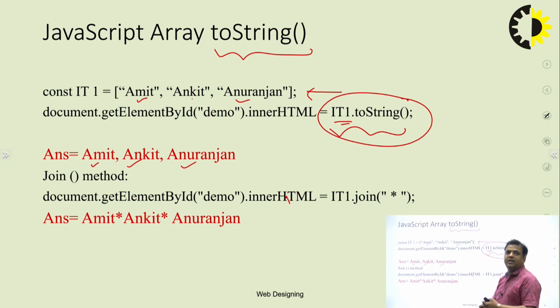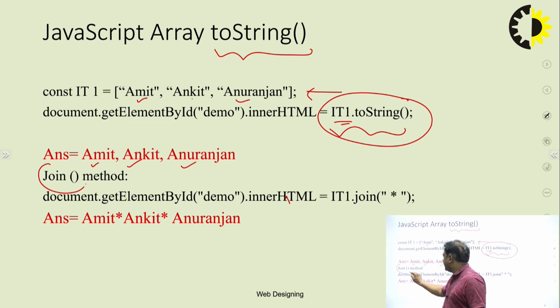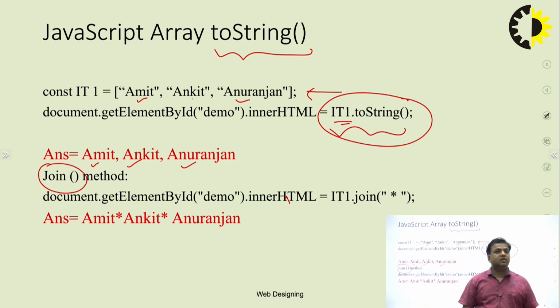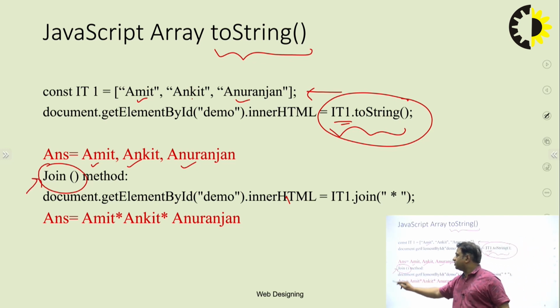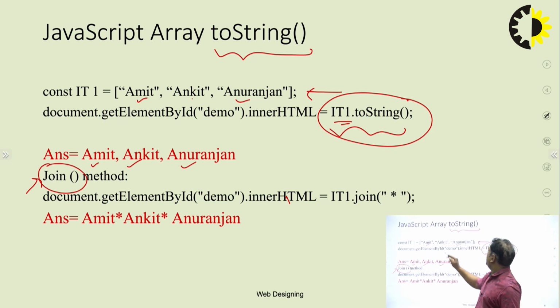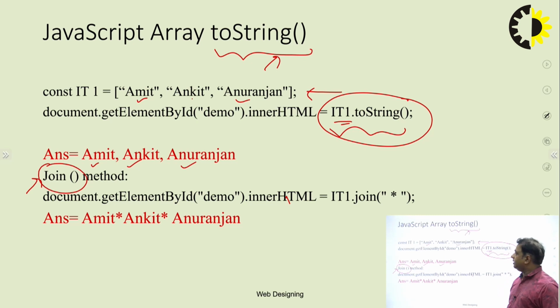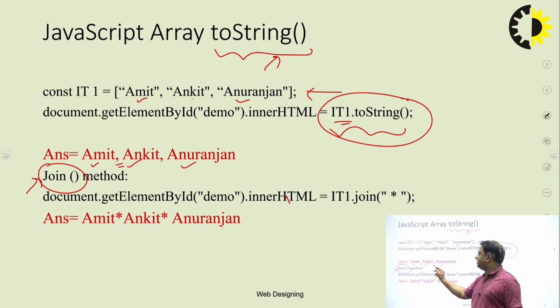In contrast to this, we have one more method, that is the join method, right? This also returns a string. That means we can also convert an array into a string just by using the join method. But what is the difference between the join method and the toString method? In the toString method, it is just converting an array into a string, where every element is separated by a comma.